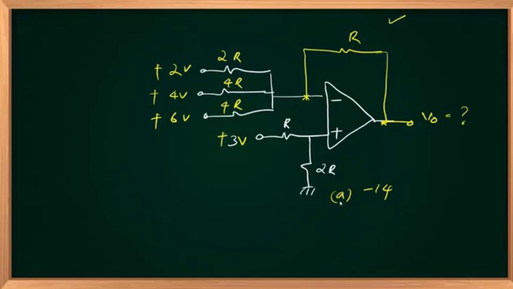Right, others. Take your own time and you should answer. 1 and 3 is out, minus 17. Okay, Sachi, correct, 2, minus 12. Okay, right. Others?